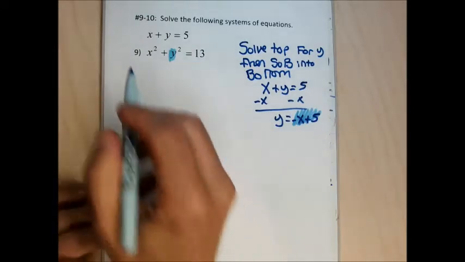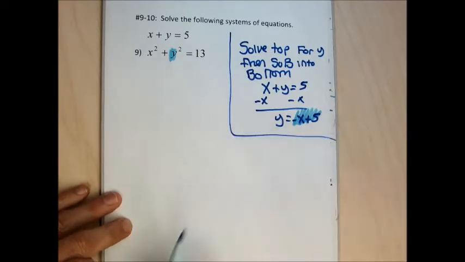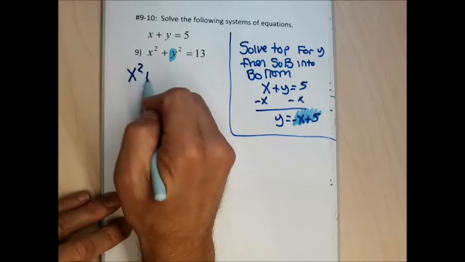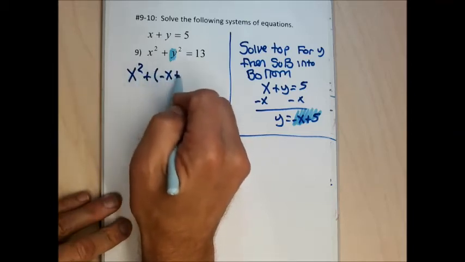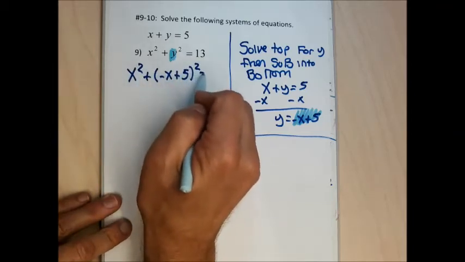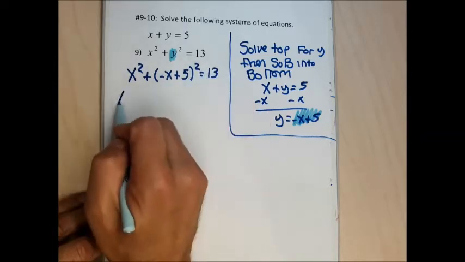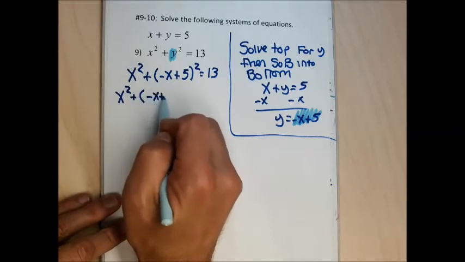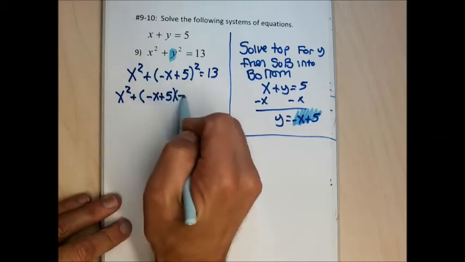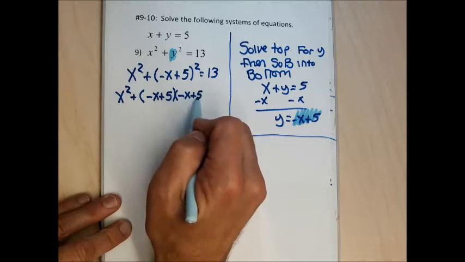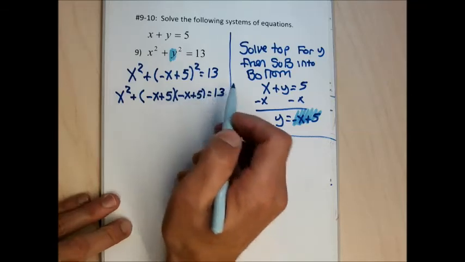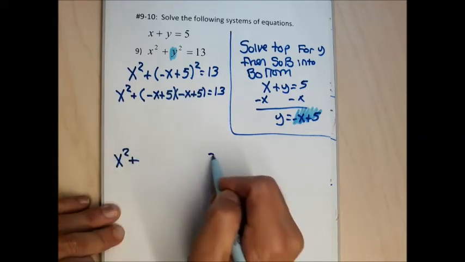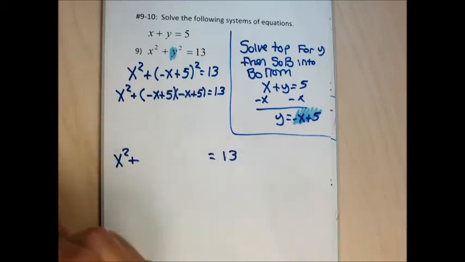So my substituting, after solving the top equation, is going to be x squared plus (negative x plus 5) squared equals 13. Unfortunately, that negative x plus 5 squared could really mess me up if I don't do it right. So negative x plus 5 squared is the same as negative x plus 5 times negative x plus 5, and it's a lot easier for me to do that if I set it up to FOIL.